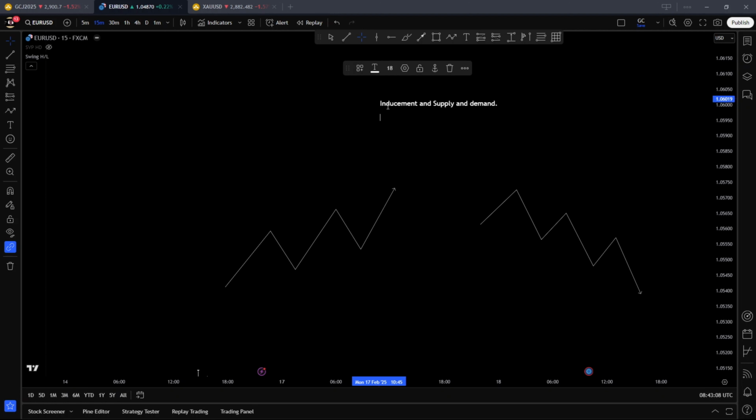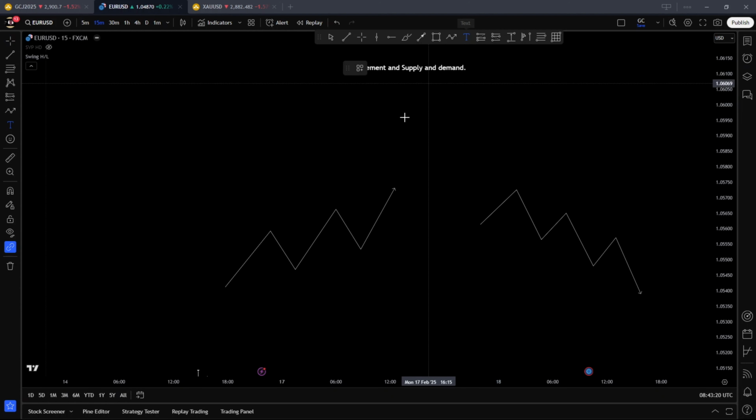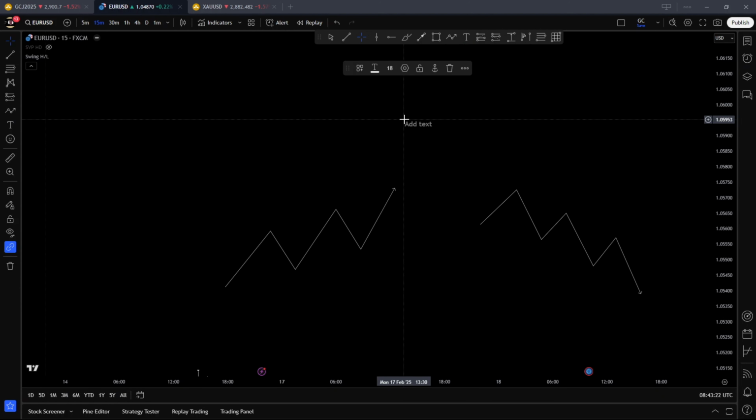When it comes to every trading strategy, there are basically three components that form your strategy. The first is structure, which is market directionality.